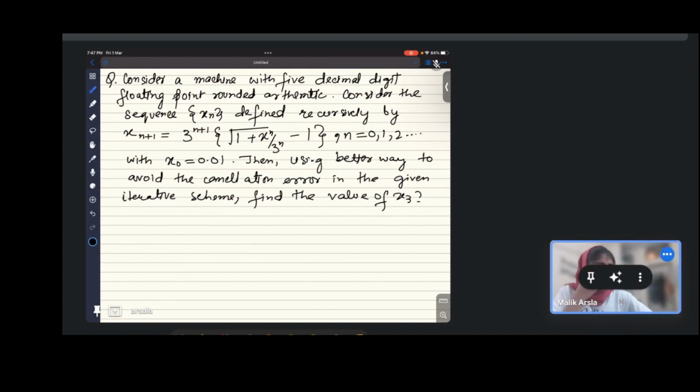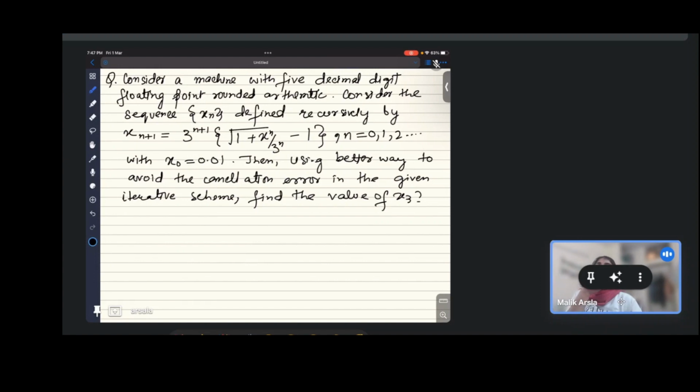So what the question says is that we are operating with a machine which has a 5-digit decimal system, with 5 decimal digit floating point rounded arithmetic. That means beta is 10, it uses the decimal system, and t is equal to 5. That is, it rounds off to 5 digits, right?